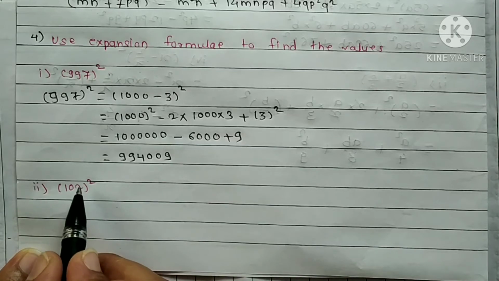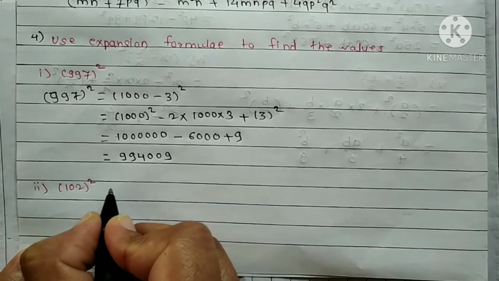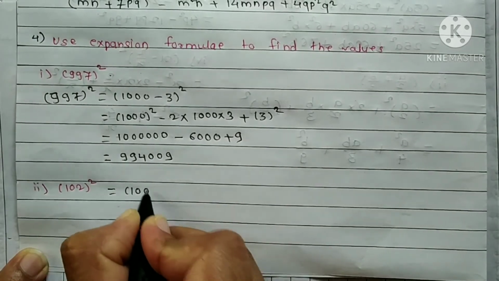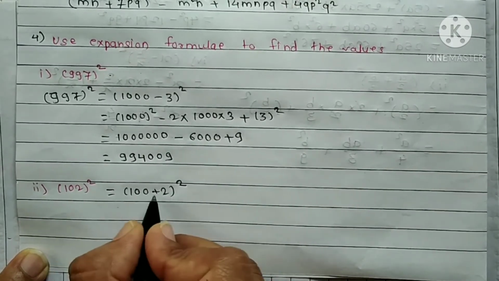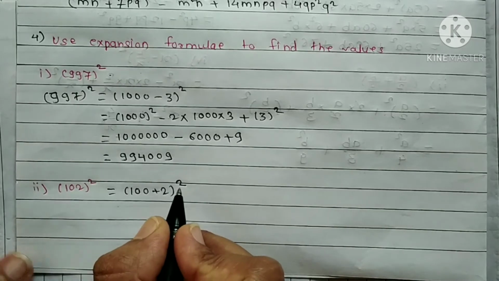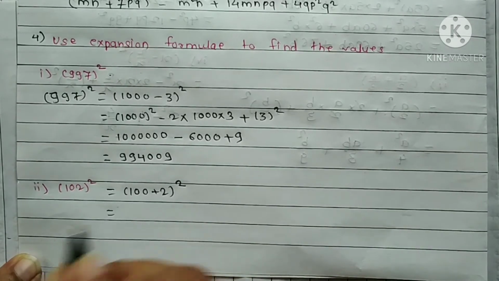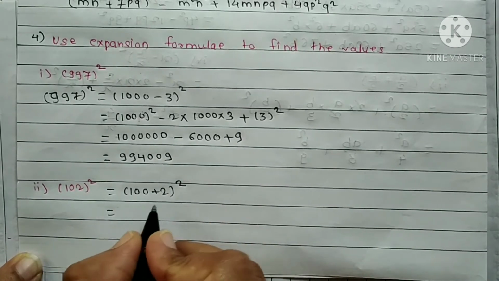Now next is 102 whole square. 102 is closer to 100. Therefore it can be expressed as (100 plus 2) whole square. This is in the form (a plus b) whole square. You know that (a plus b) whole square is a square plus 2 into ab plus b square.